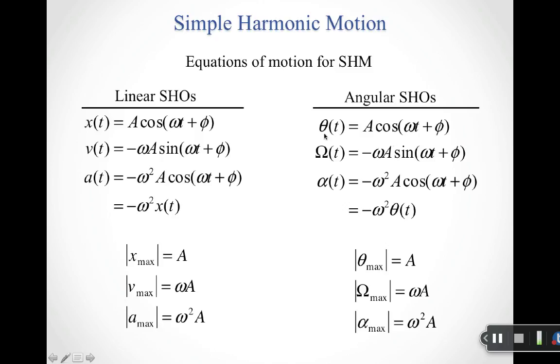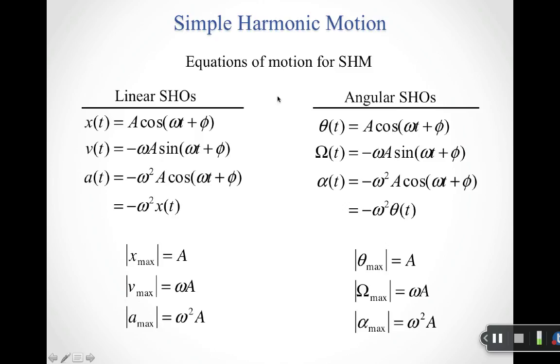If we think about our angular simple harmonic oscillators, we can do the same thing. So we said here is the angular displacement as a function of time. Again, when I take the derivative of that, I get omega. Now, since we're already using omega as the angular frequency, we use capital omega to talk about the angular velocity.